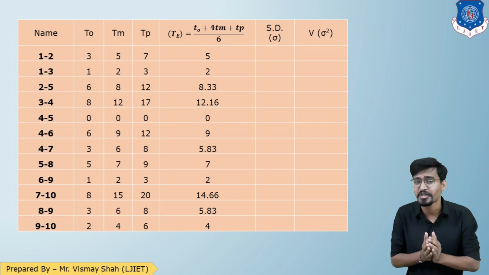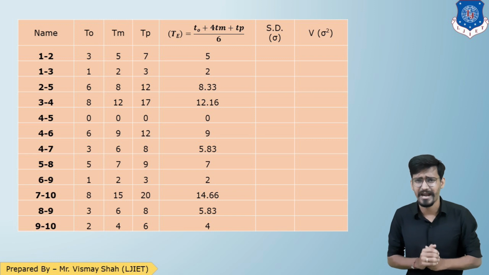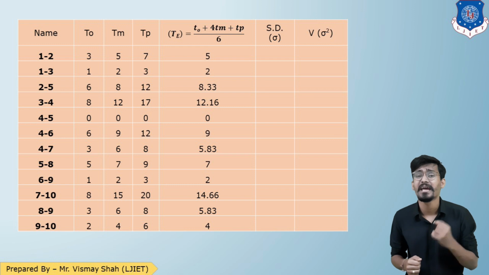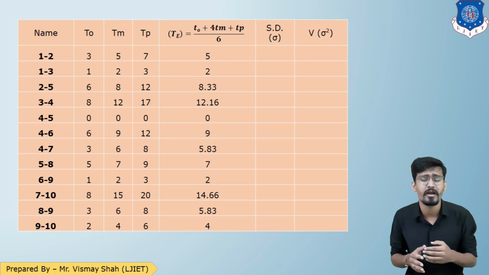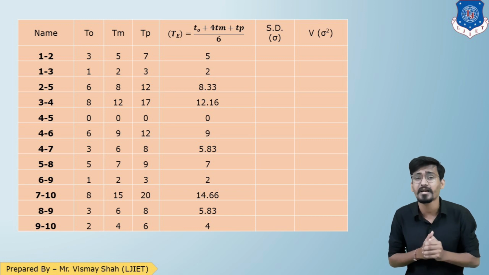Now we need to represent this duration in the network. But before we move forward, as you can see, the values of TE are in decimal, such as 14.17, 5.83. Do not round them off. In the PERT method, the duration values can be in decimal because we are working on a probabilistic approach.